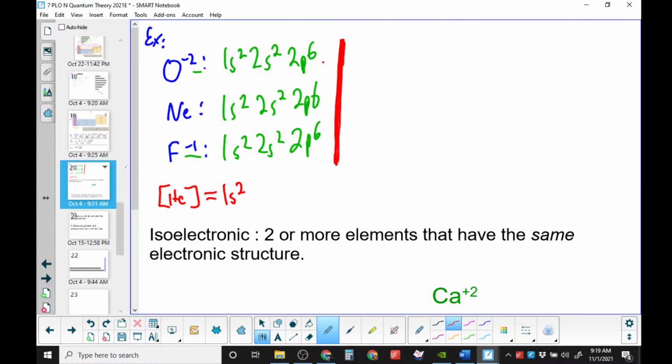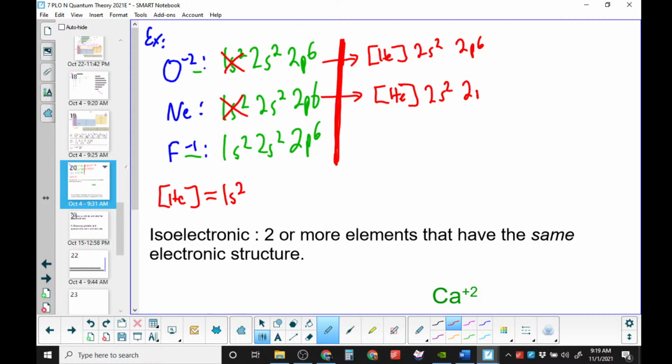So I'm going to rewrite these as structure of helium 2s2 2p6. So all of the inner shells that aren't valence electrons, you then just get rid of.